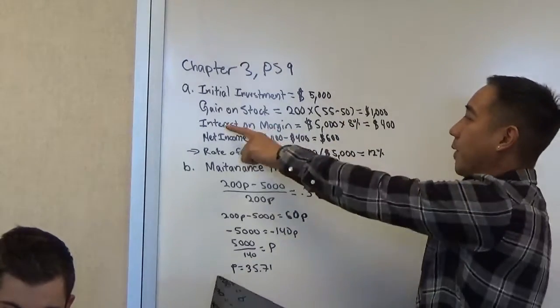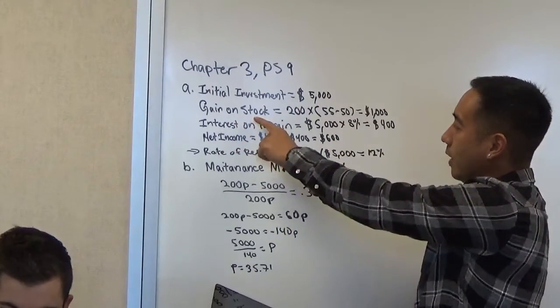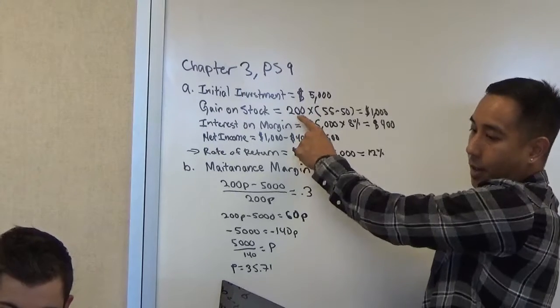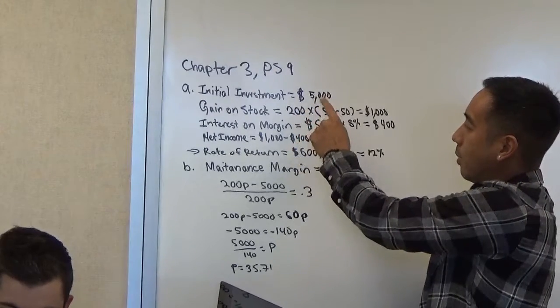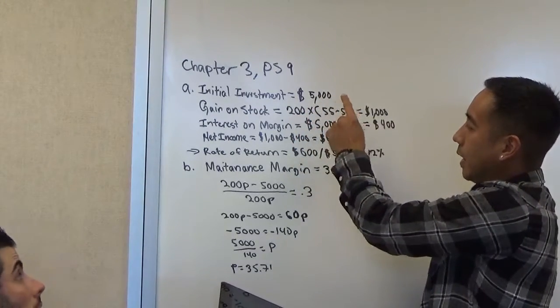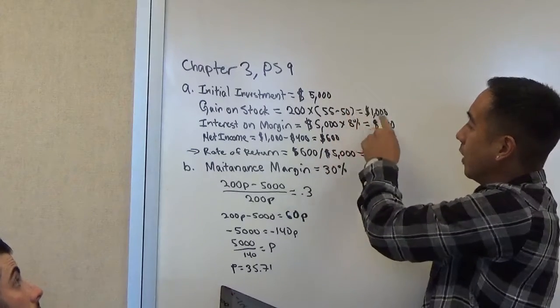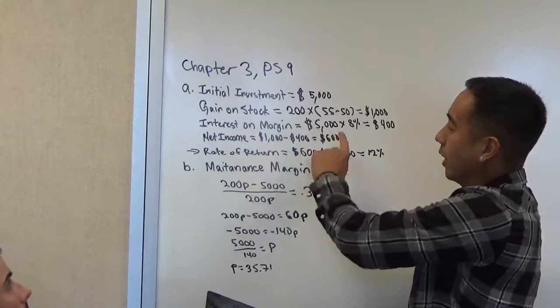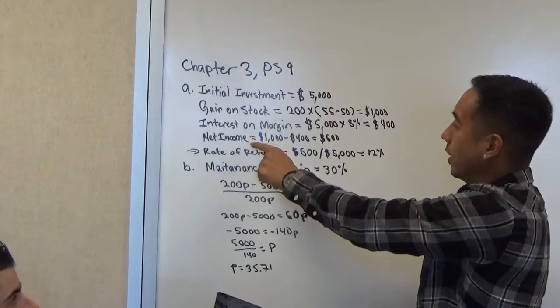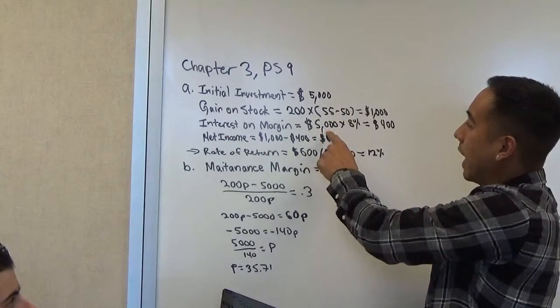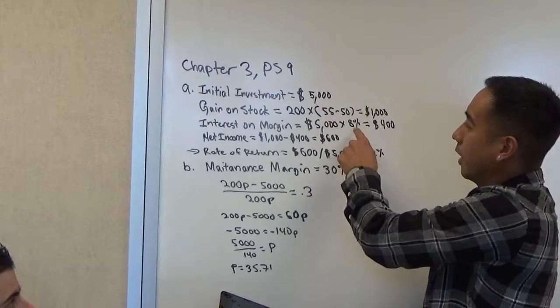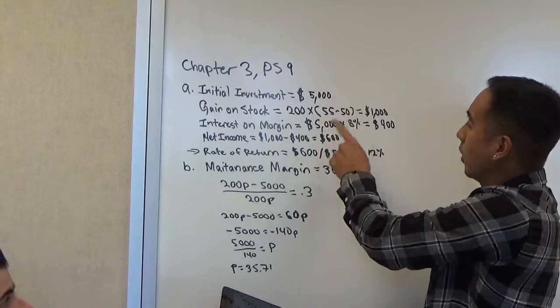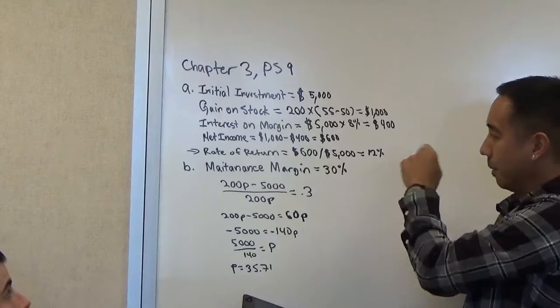So first you want to find out the gain on your stock. 200 is the amount of shares you bought, multiplied by the new price minus the old price, and you get $1,000. Then you want to figure out what your interest on your margin is. So you borrowed $5,000, the interest is 8%. When you multiply that, you get $400.